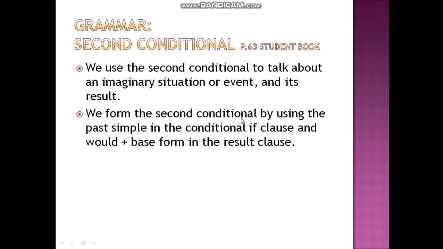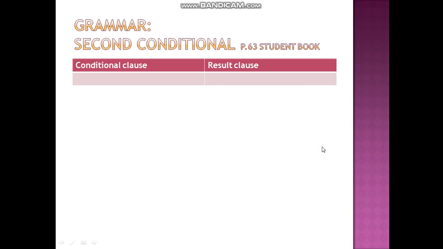We form the second conditional by using the past simple in the conditional if clause, and would plus base form in the result clause. So we have two sections of the sentence.